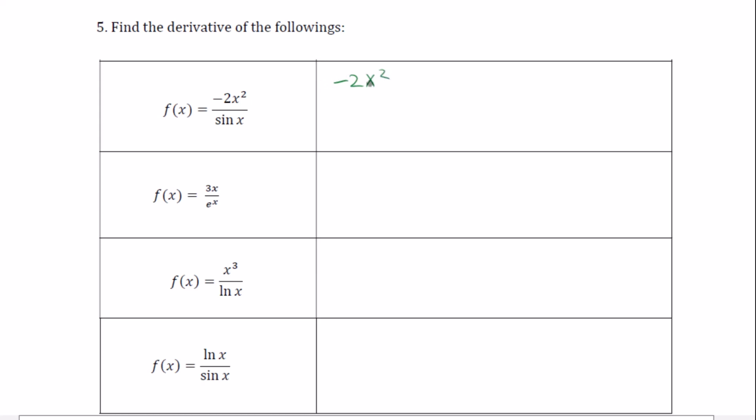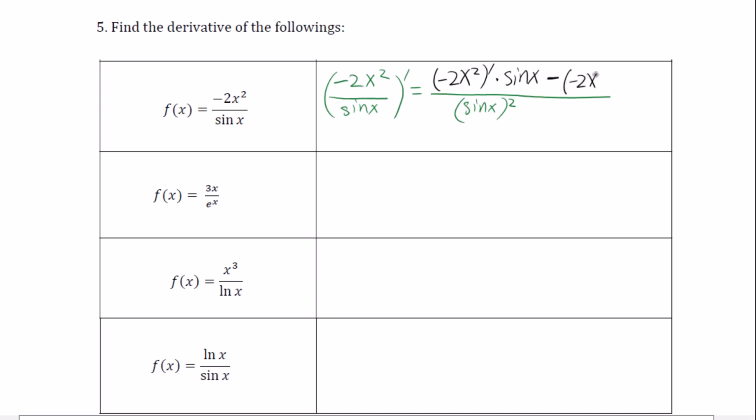Negative 2x squared over sin x prime equals sin square x in the denominator, the derivative of negative 2x squared times sin x, subtract, switch the derivative, negative 2x squared times sin x prime.